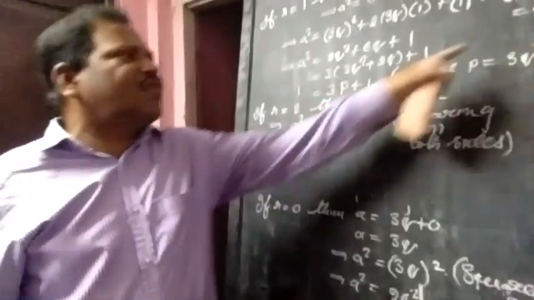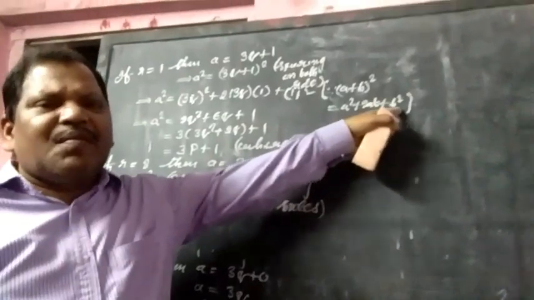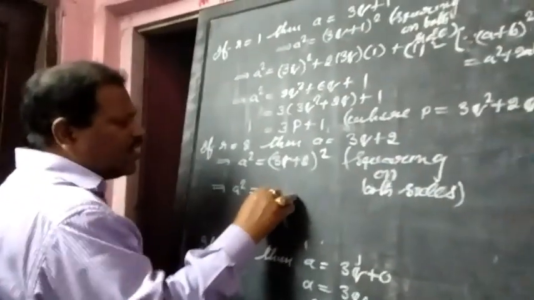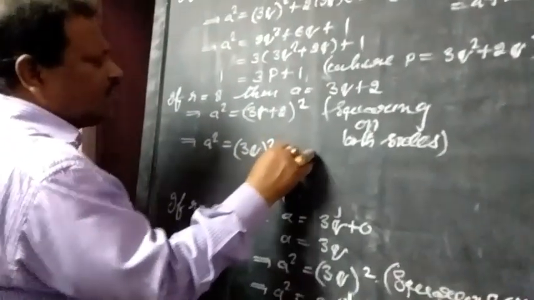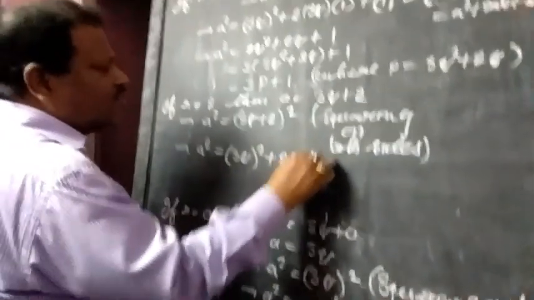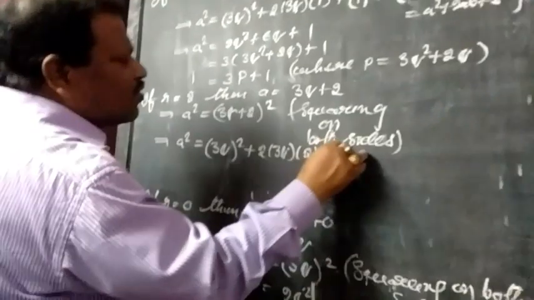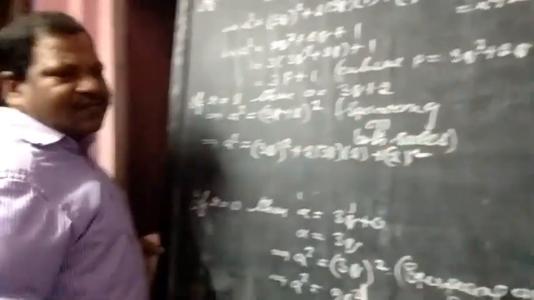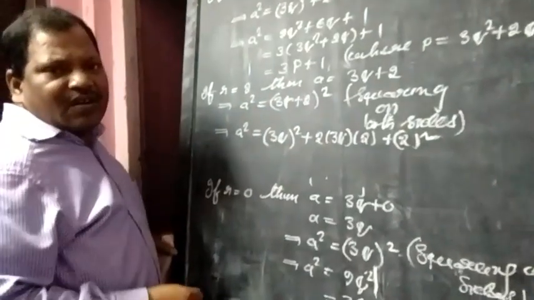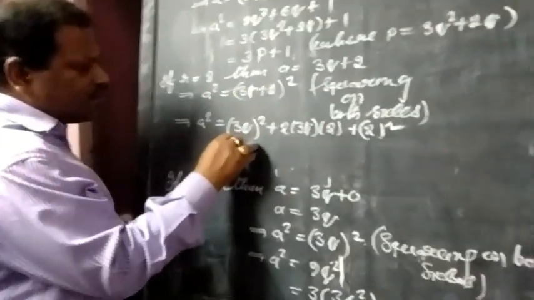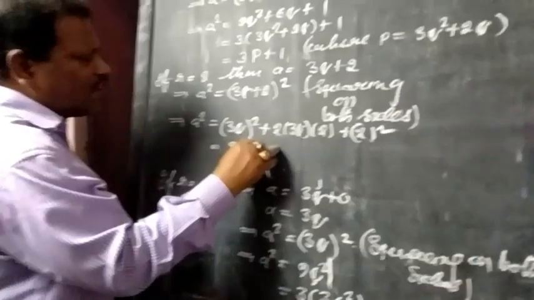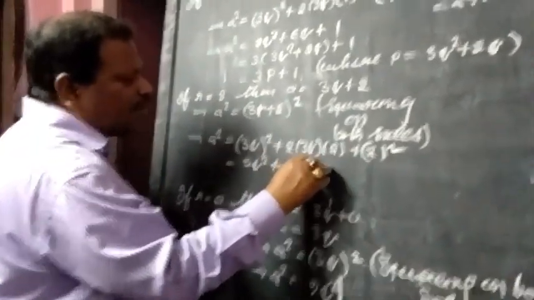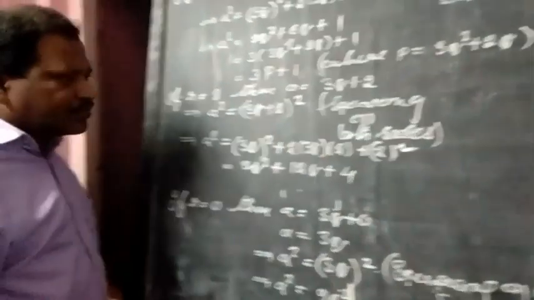Again, (A plus B) whole square is equal to A square plus 2AB plus B square. Here A is 3Q and B is 2, so A square is (3Q) whole square plus 2 into 3Q into 2 plus 2 whole square. Now 3 times 3 is 9Q square plus 12Q plus 4.